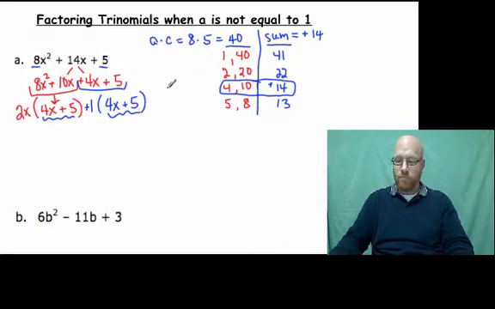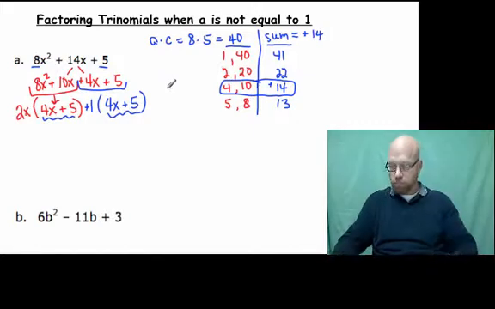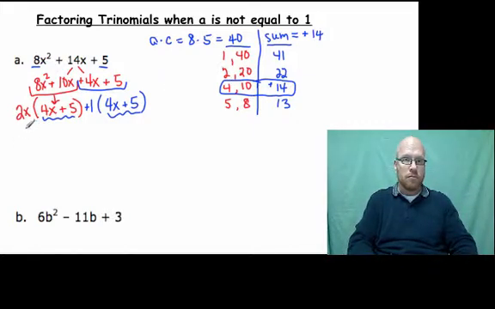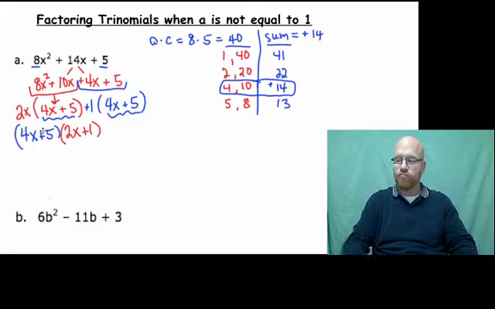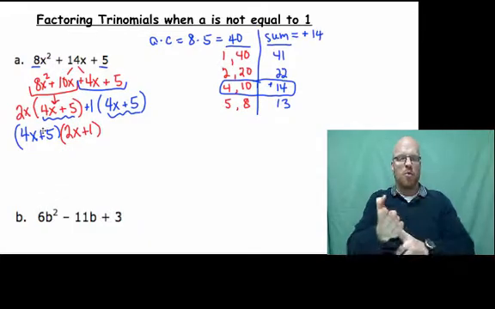Now, we can see this thing in common, 4x plus 5. We'll divide by that binomial. So our answer is 4x plus 5 and 2x plus 1.